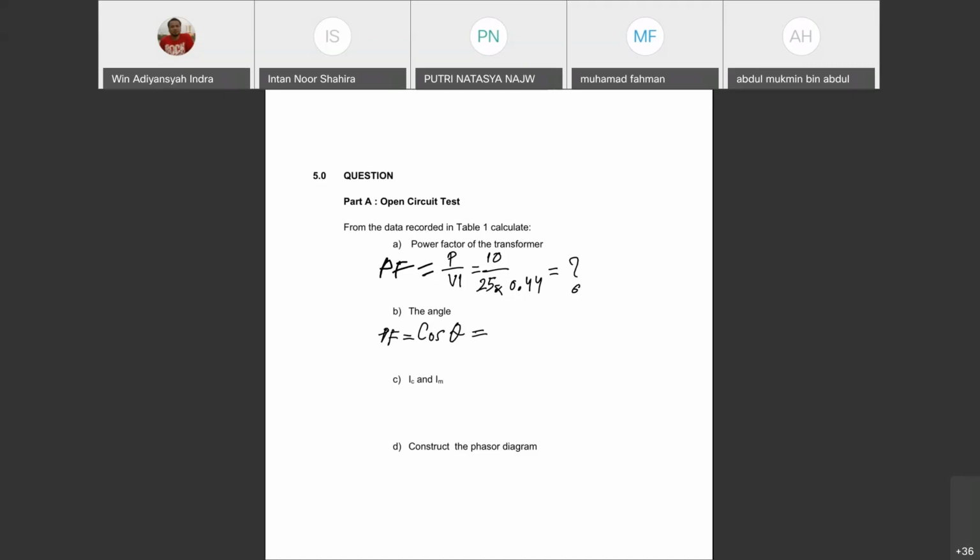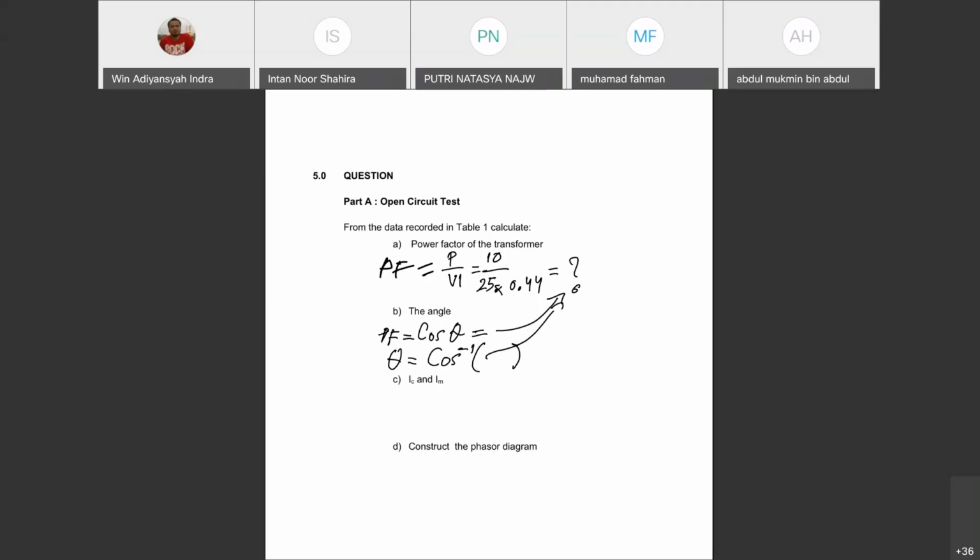So theta here equals inverse cos of this one. You get the angle then. That is for the power factor and the angle.